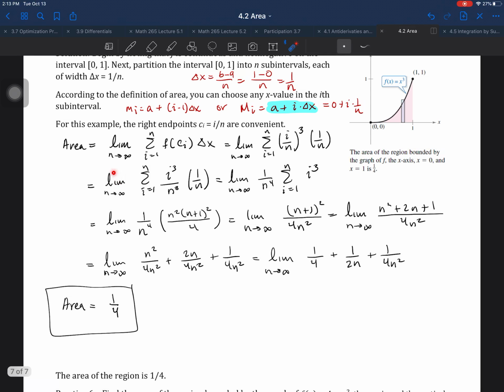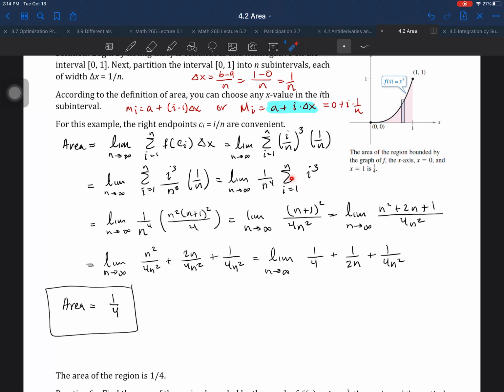We're going to carry the limit notation properly until we apply it. So i cubed is i cubed, n cubed is n cubed. Notice that these two are not part of the index i, so we can factor them out. n cubed times n is n to the 4. So that gives us 1 over n to the 4 times the summation of i cubed.